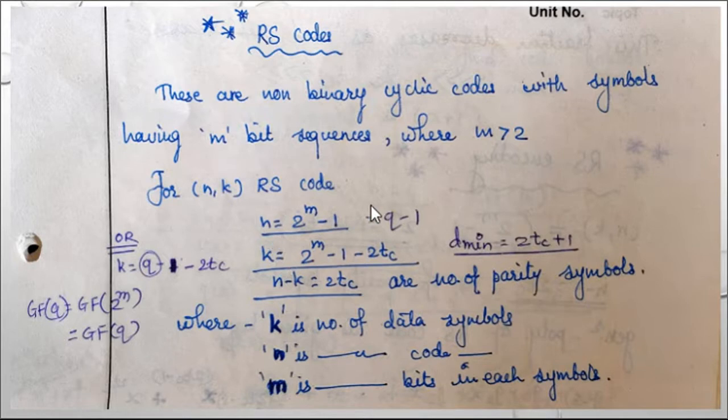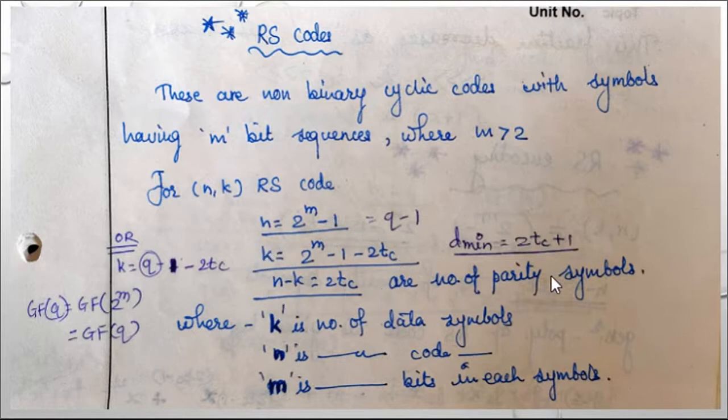It is again with the format that n is equal to 2 raised to m minus 1. Replace 2 raised to m with q, because sometimes in the book you may find that the field GF of q is replaced by 2 raised to m. So GF of q or GF of 2 raised to m. So q minus 1 minus 2tc again gives the value of k.